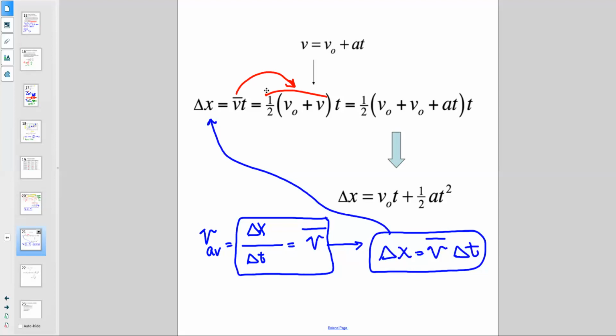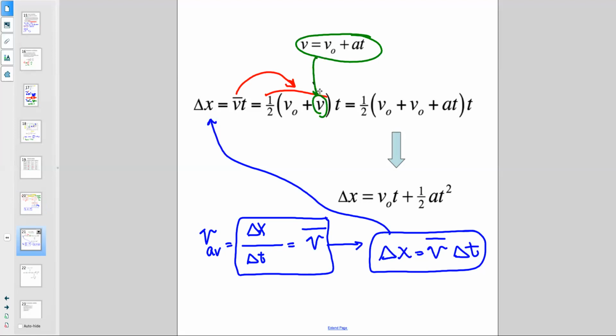So V average is V final plus V initial divided by 2. Or we can write it as half of V initial plus V final times t. Now, for this velocity, I can substitute it from the previous page.